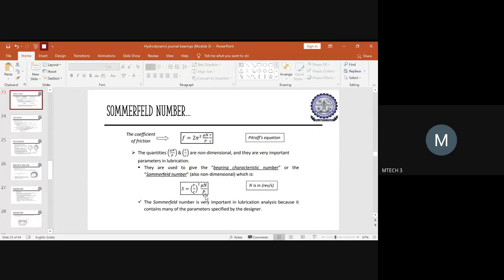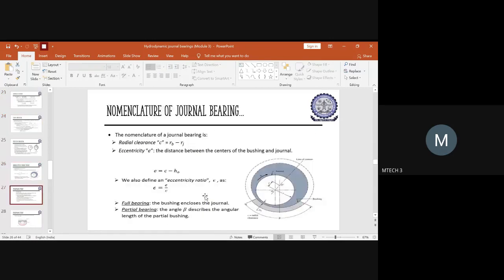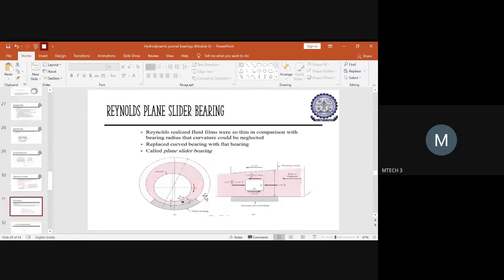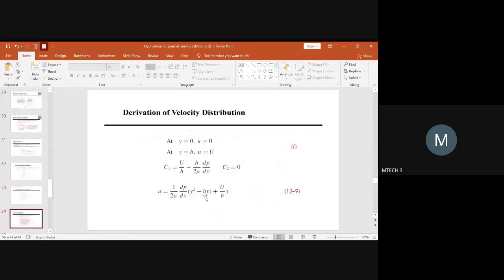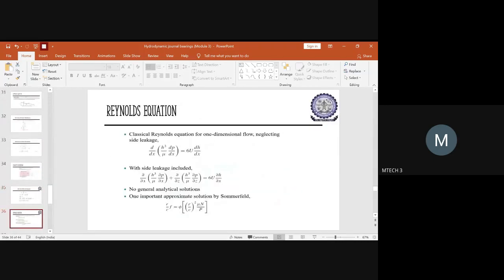Similarly, you have to get it for the Reynolds equation also, and by the approximation method, the Sommerfeld equation for Reynolds will be r by c into f, equal to phi into (r by c) whole square mu n upon p.